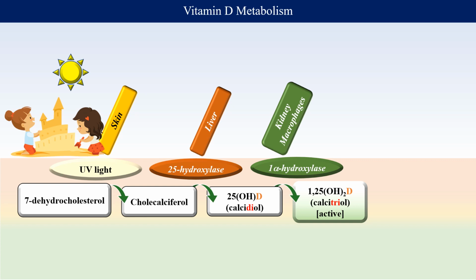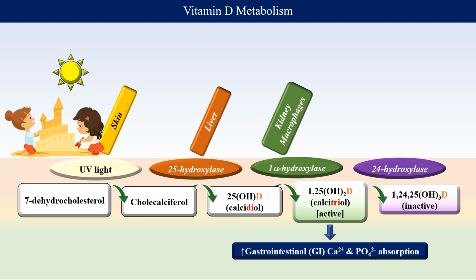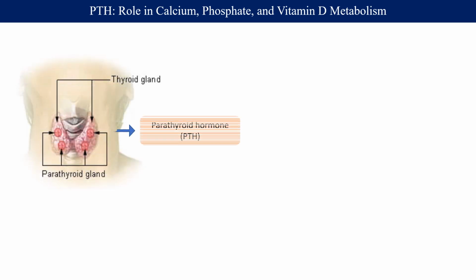1,25 vitamin D serves to stimulate gastrointestinal or GI absorption of both calcium and phosphate. 1,25D may be inactivated when it gets hydroxylated at the 24th carbon by 24-hydroxylase. A few words about parathyroid hormone or PTH. Parathyroid glands produce PTH.